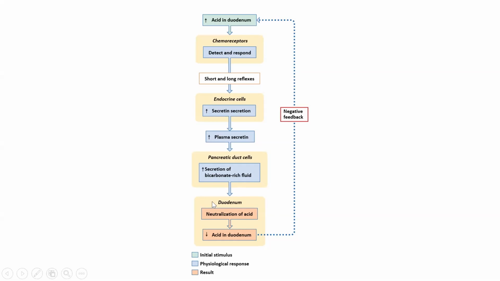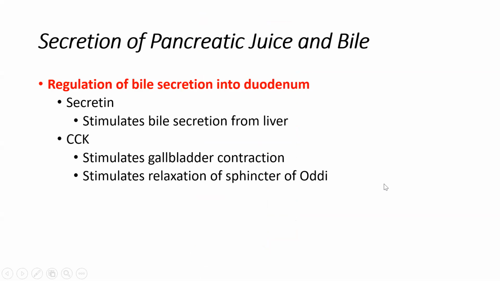And the purpose of that bicarbonate-rich fluid is to neutralize the acidity, which was the original stimulus to begin with. So that will have a negative feedback loop onto the contents of the duodenum, and the presence of this bicarbonate fluid will neutralize that acidity of the chyme.